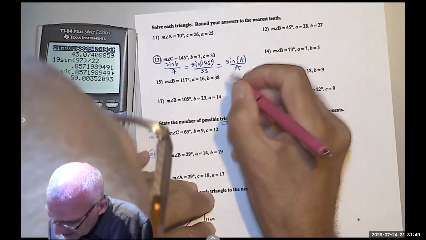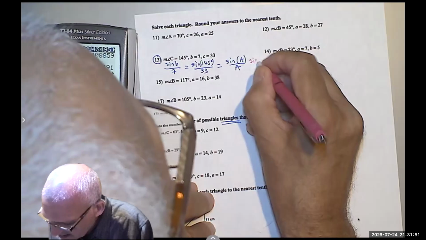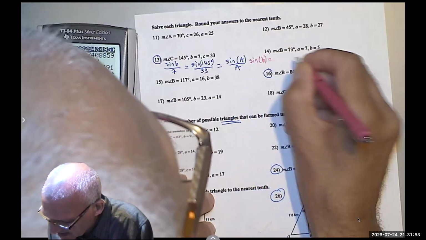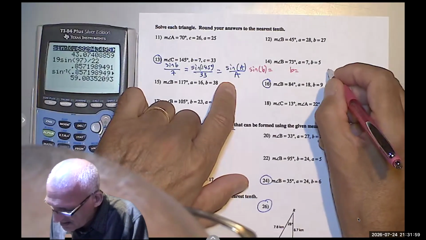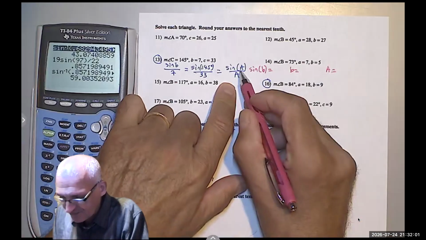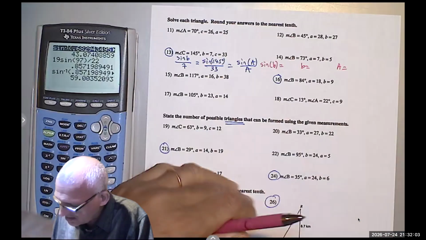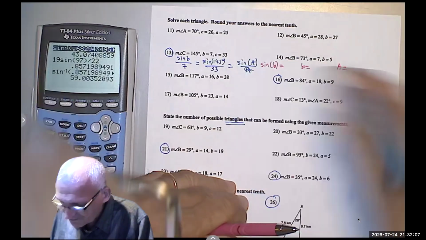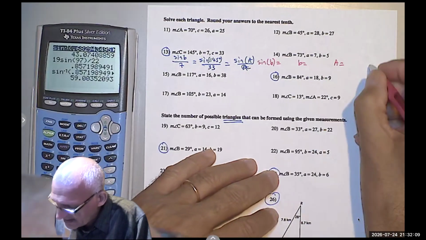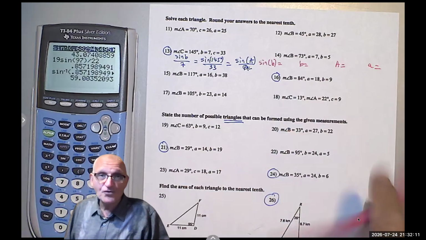So first of all, I'm going to say sine B equals, and then I get B equals. And then I would say A equals, because I can find the angle. Oh, I'm sorry, I wrote over A as an angle, not as side. And then A equals. So I have to find 4 things.